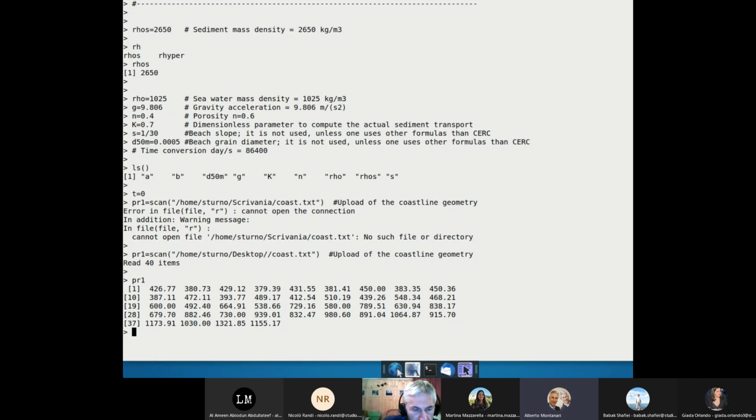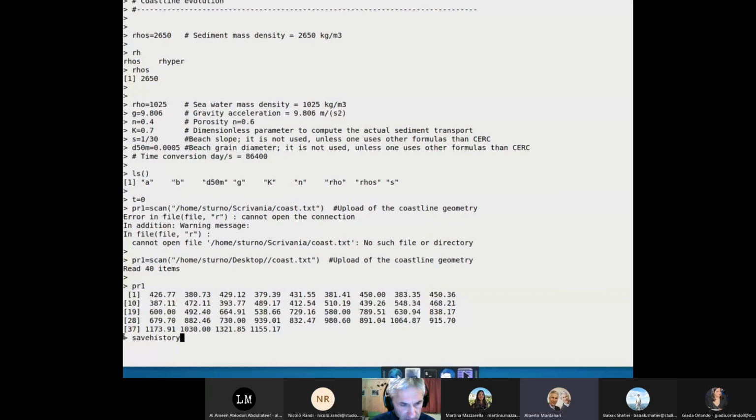Okay, at this stage, I decide to stop. I start again next time. So what should I do here in order not to lose anything? Save history. Okay. And let me clear my screen.